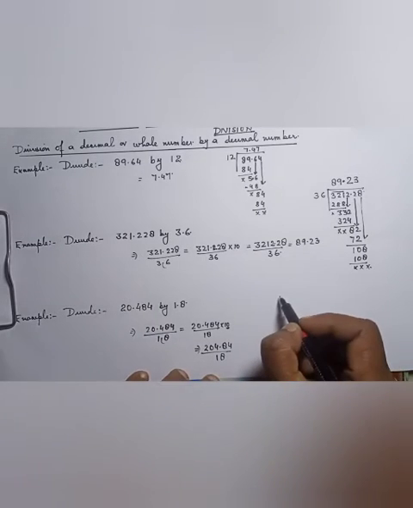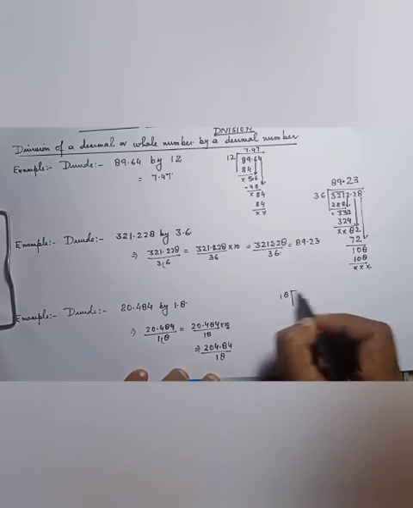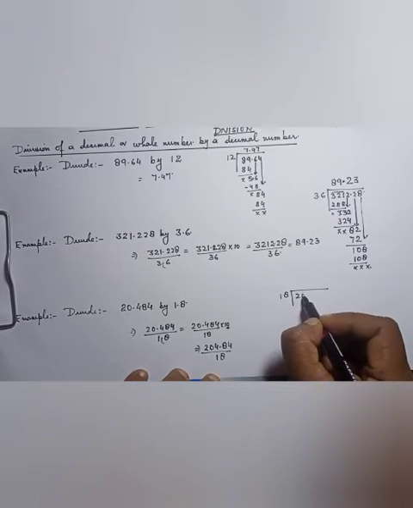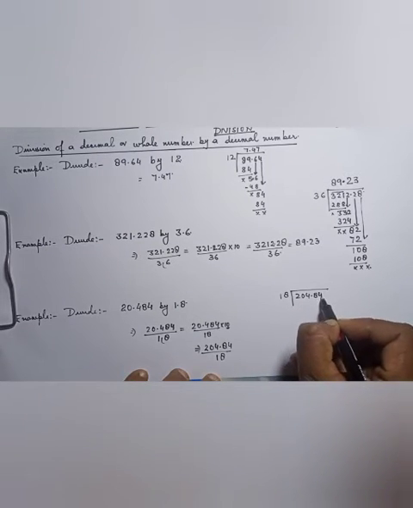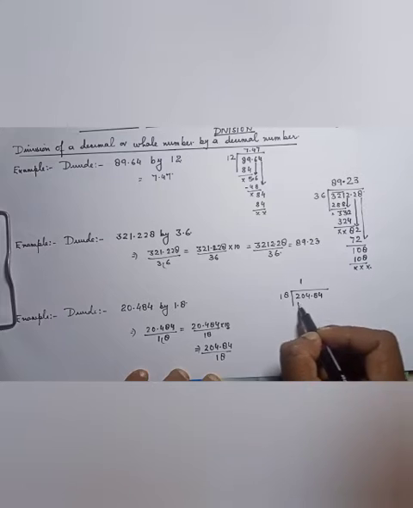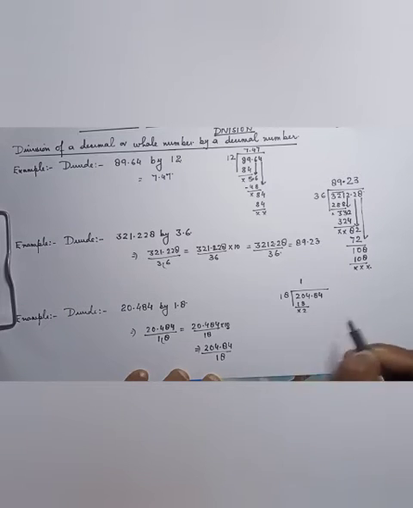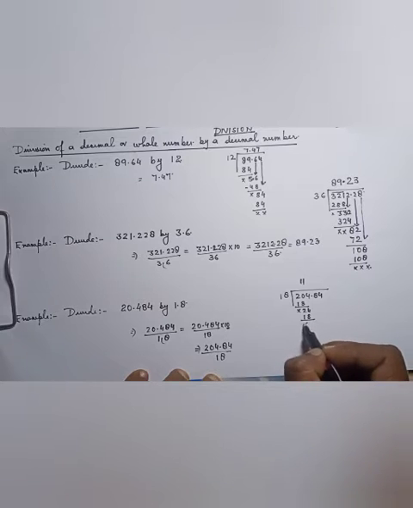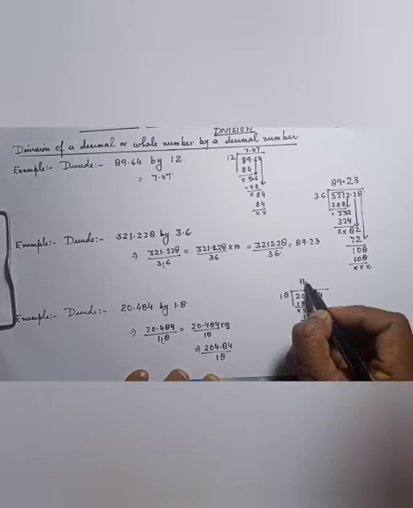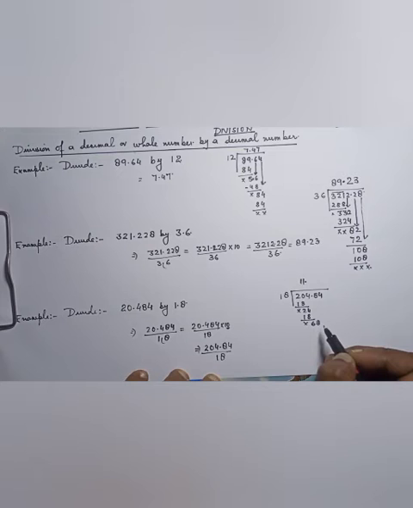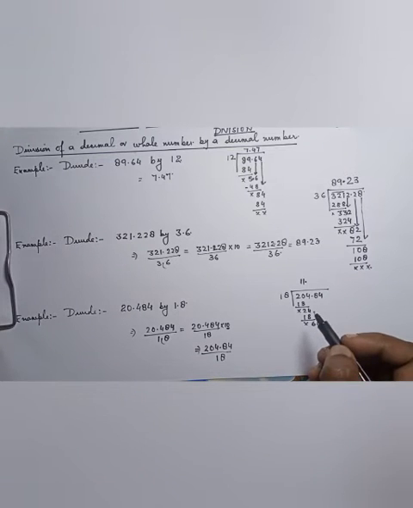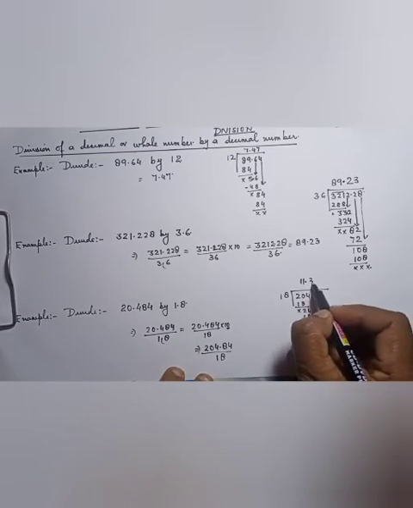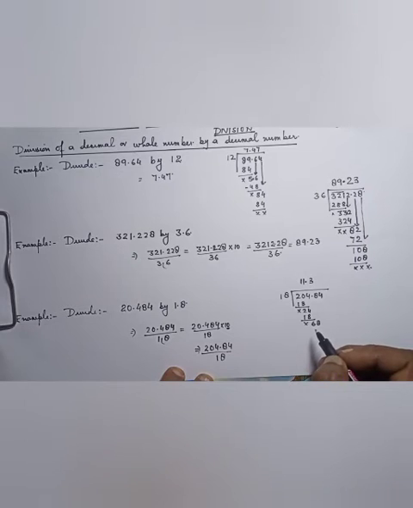So let us divide it. 18 into 204.84. 18 ones are 18. 2 is the remainder. 18 ones are 18. 6 is the remainder. Put the decimal and bring down 8. 18 threes are 54.